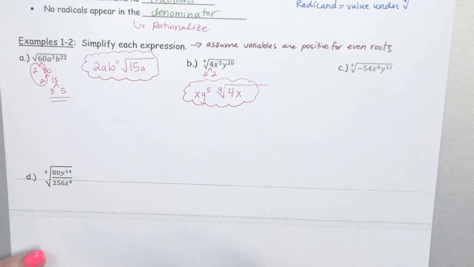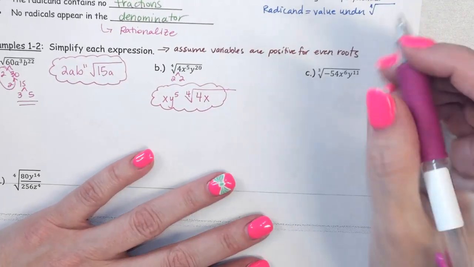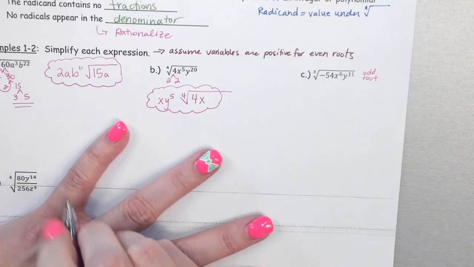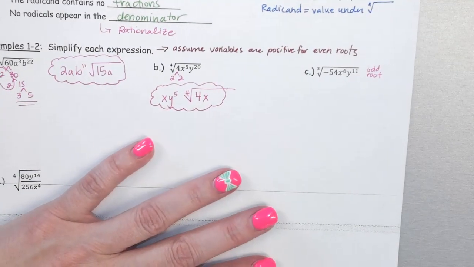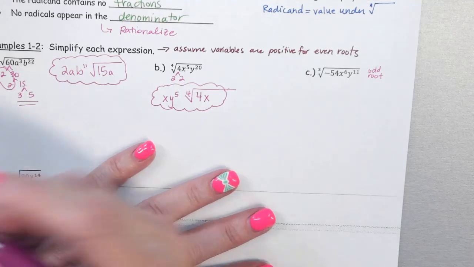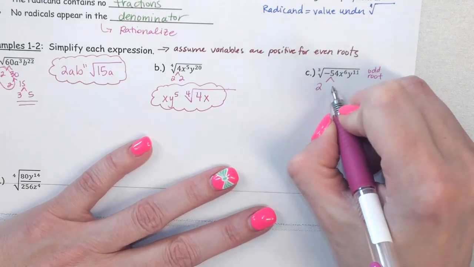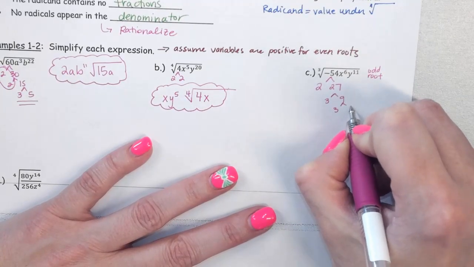Okay, I know the negative is throwing some of us off here. So this is an odd root. Anytime you have an odd root with a negative, it's okay. So when you do this, you're going to bring the negative out. I'm going to do the factor tree like normal. 2 and 27, 27 is 3 and 9, 9 is 3 and 3.